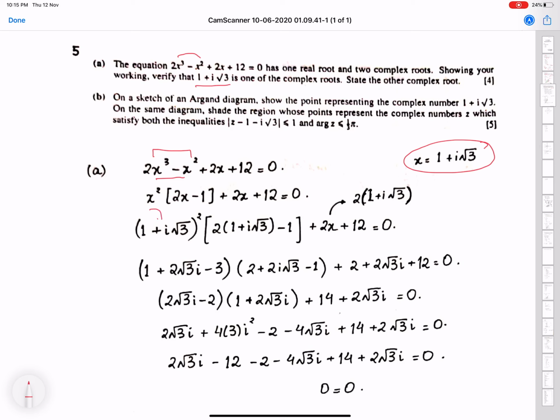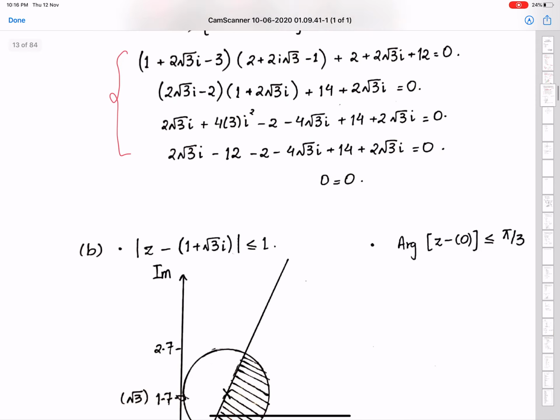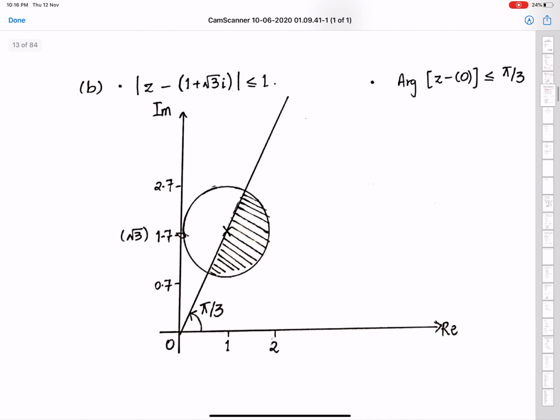So by substituting 1 plus i root 3 here, here, and here, we can easily show that this is the root of this equation. A lot of calculation is involved, so make sure you do the calculation very carefully. This depends on your algebra. If you practice more, then you will be good at this. So my advice is practice as much as you can.